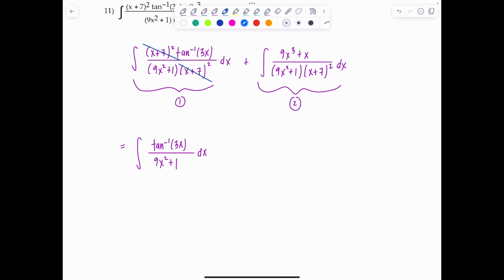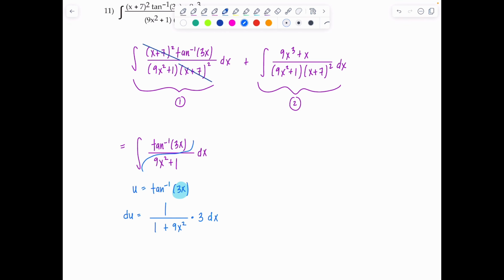Let's let u equal all of this, tan inverse of 3x. So du, the derivative, would be 1 over 1 plus 3x quantity squared, which is 9x squared. And don't forget, you have to do the chain rule. You have to multiply by the derivative of 3x, which is 3.